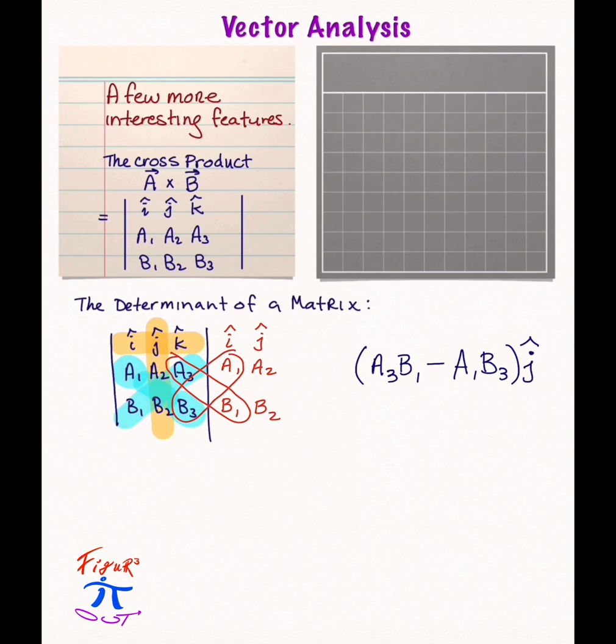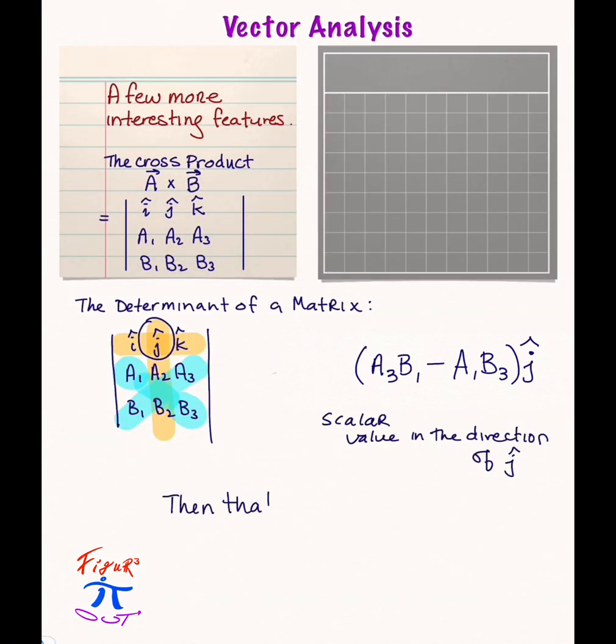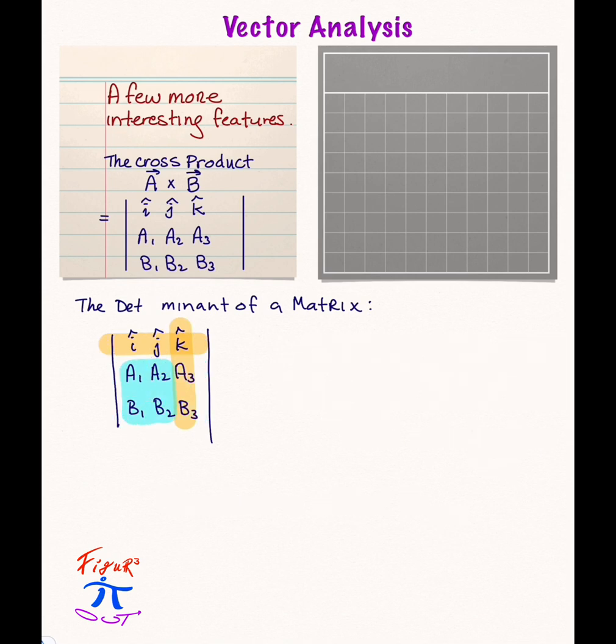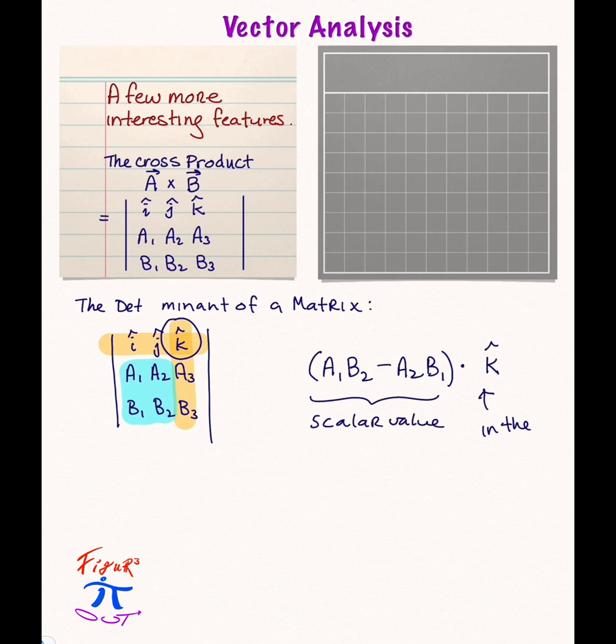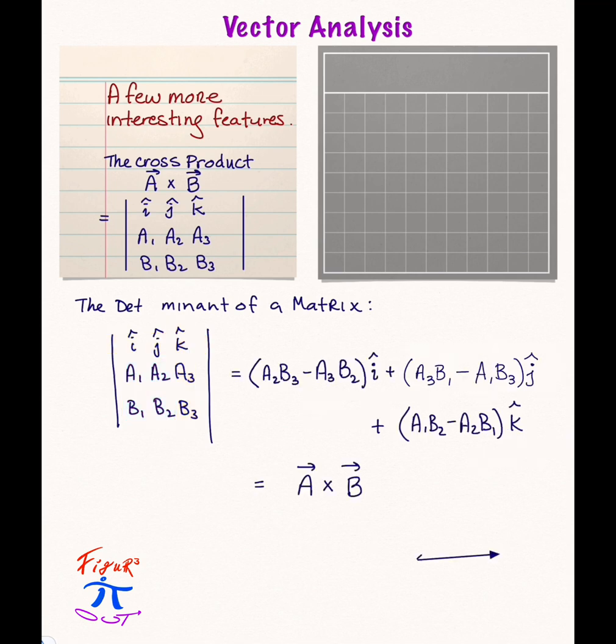So this is just quickly going through the determinant of a matrix, something you would learn in linear algebra, and I'm not going to go into too much depth here. But each of these times we're getting a scalar component in the unit directions, and that's going to give us a third vector which points perpendicularly.